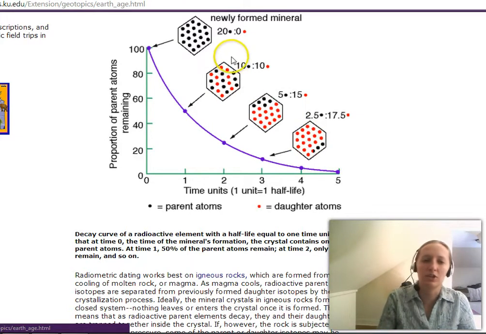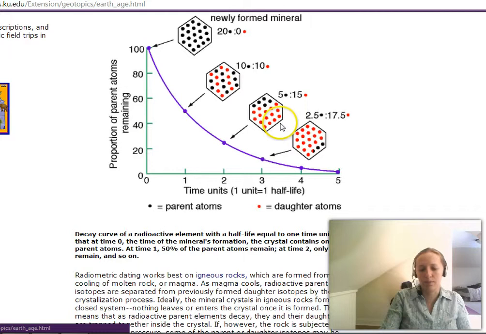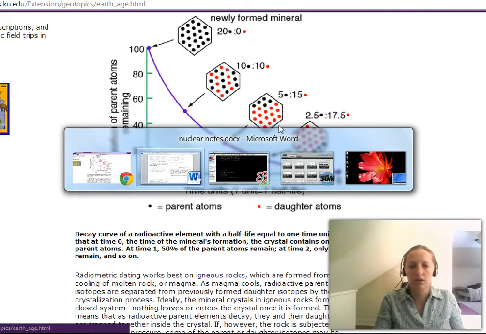And then the amount that has decayed is 0%, 50%, 75%, and 87.5%. So you're waiting one half-life to decay half of it, and then another half-life to decay half of that, and another half-life to decay half of that. And this is something that we studied when we did the kinetics chapter.